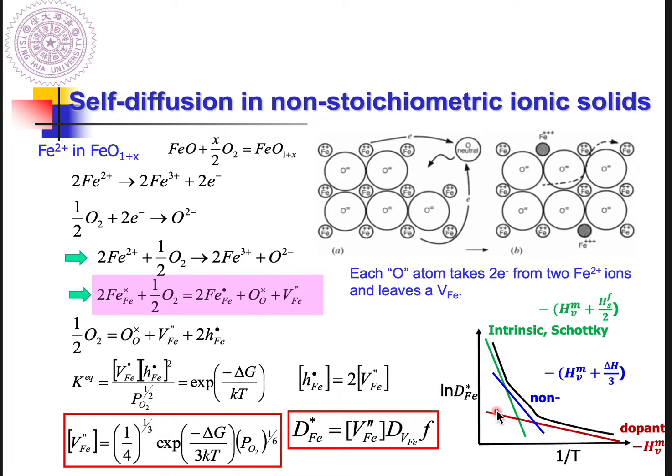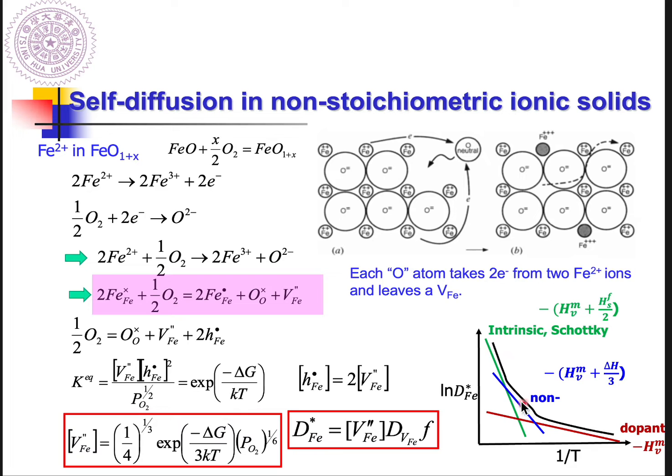And also, if you increase the partial pressure of oxygen, then this curve is going to increase proportionally. And if you decrease the partial pressure of oxygen, this is going to decrease until eventually this curve can be fitted with only 2 effects.